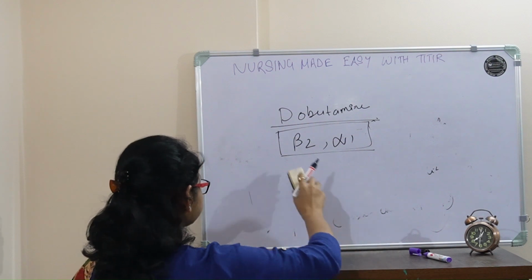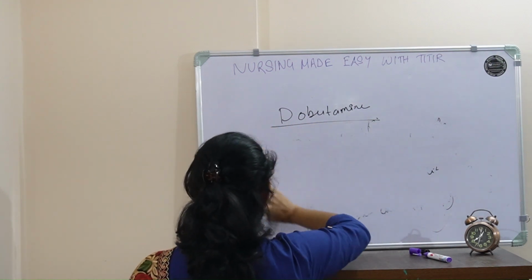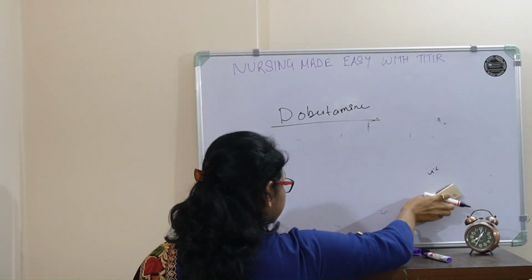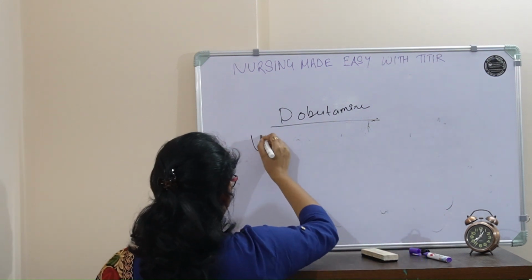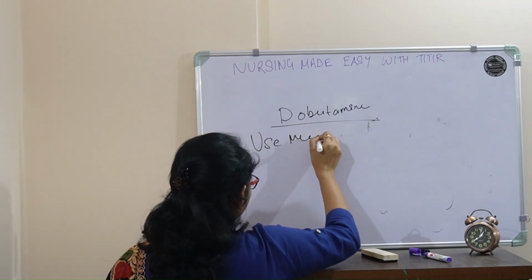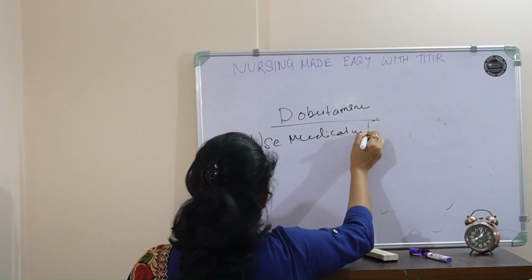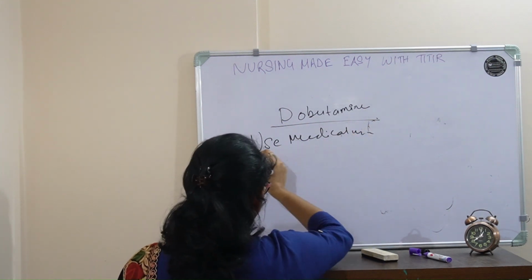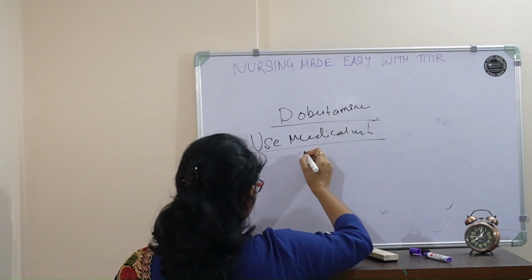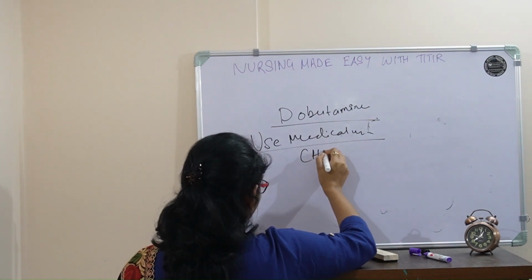Okay, let's come to the use in our ICU, or medical use. Dobutamine is the drug we mostly use in congestive heart failure.